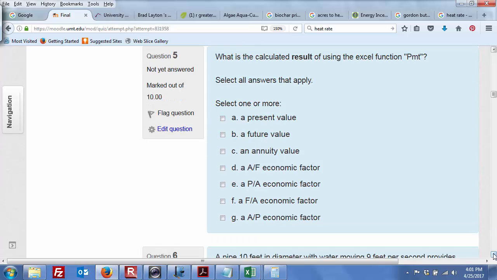Okay. What is the result of the Excel function PMT? That's the payment function. I think it's annuity? I think so. Yeah.